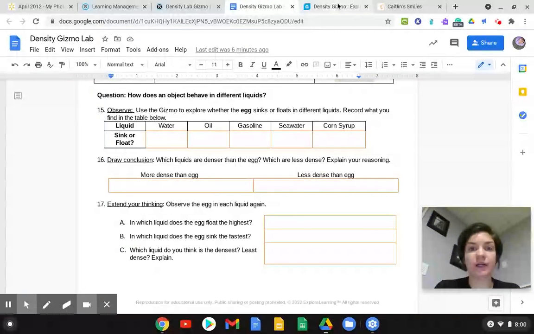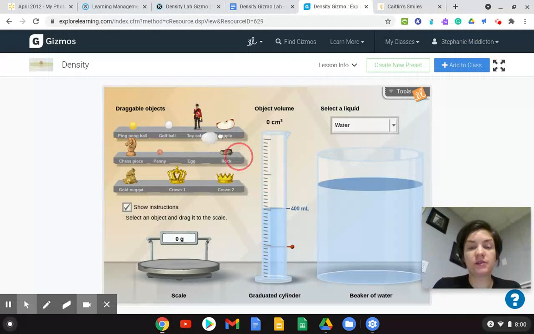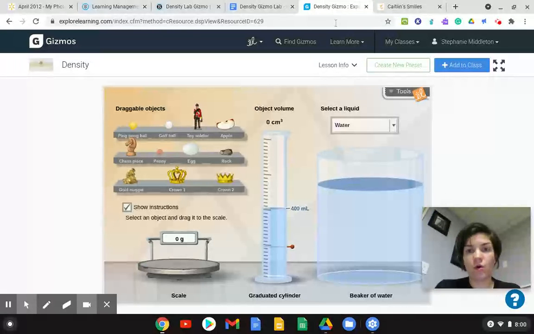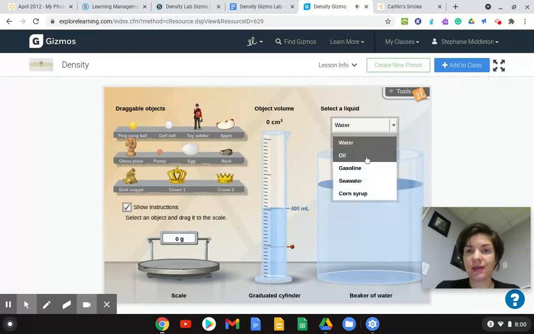First one is water. Egg. Sink or float? I would say suspended. That's not an option, but that's what I'd say. It's just kind of hanging out there. What's next? Oil. Does it just go down the line? Yes.